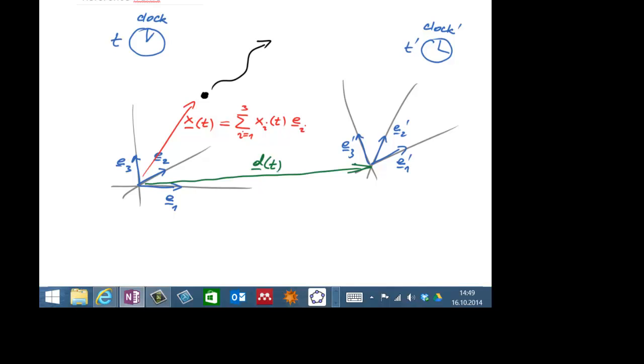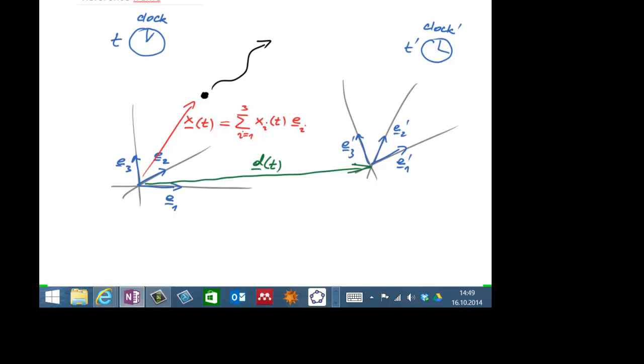Think about two scientists who perform experiments. One is standing on the platform of a train station, and the other one is riding on the train.